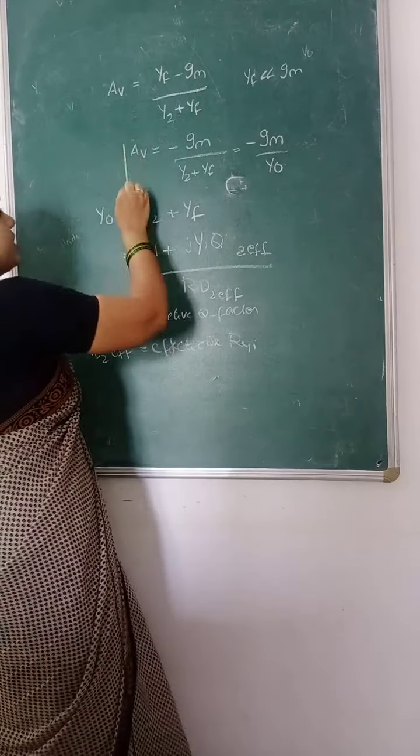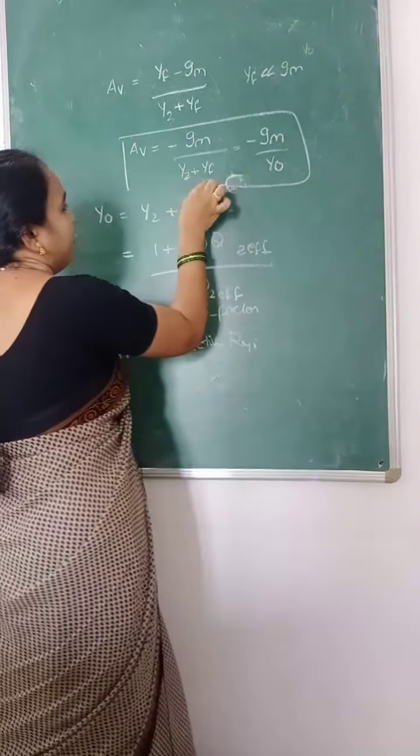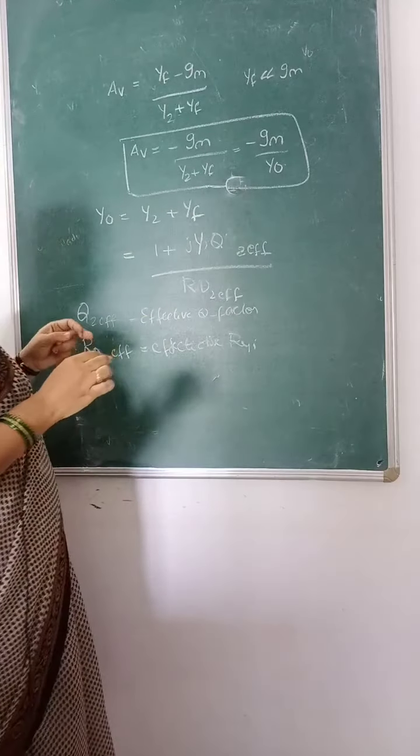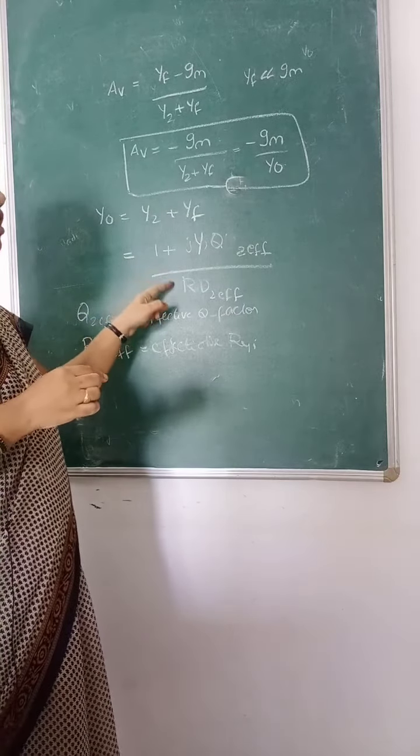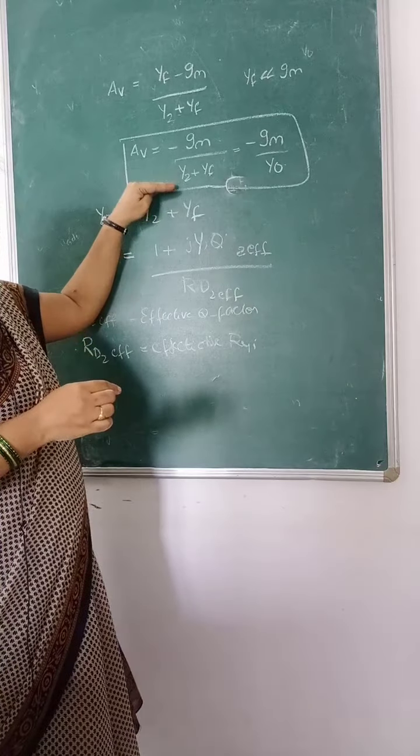So this is the voltage gain of the common emitter tuned amplifier. If you are able to remember these terms, you can write or you can leave up to this section.